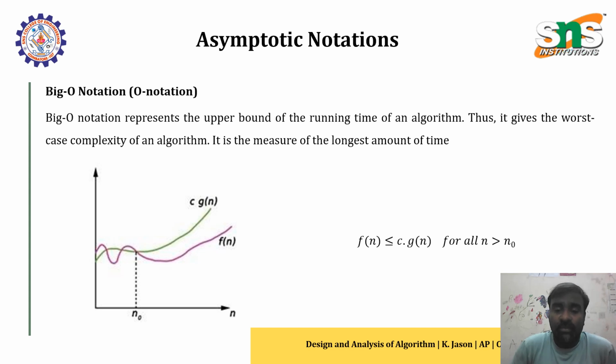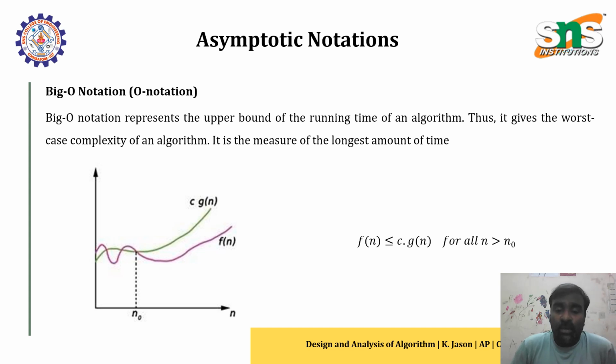Consider a graph, f of n, which is a given function. The algorithm takes running time g of n. Compared to f of n, g of n takes more running time. So this is called the worst case complexity of an algorithm.